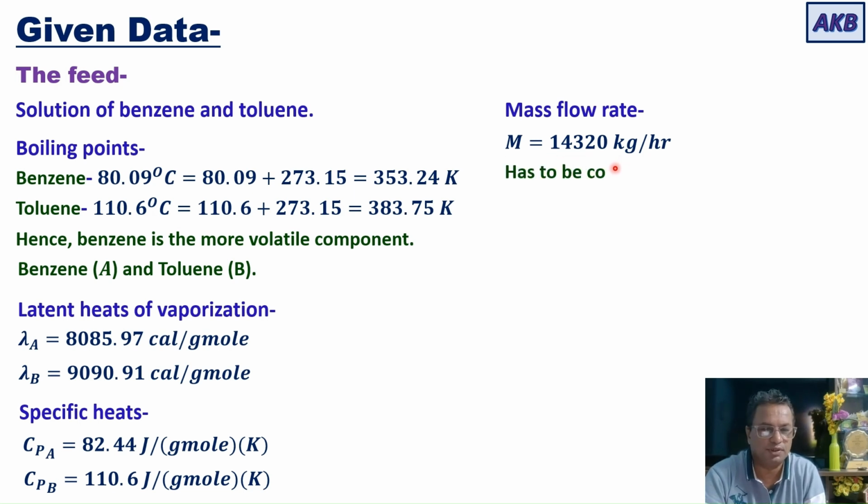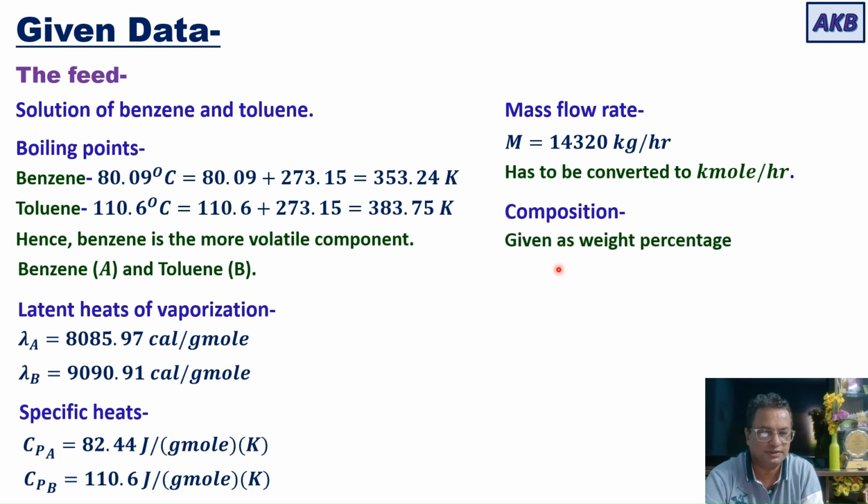And this has to be converted to kilomole per hour. So you'll be learning how to convert the mass flow rate of a feed, which is a solution of two components, into molar flow rate, that is kilomole per hour. Then the composition of the feed is given to us as weight percentages.